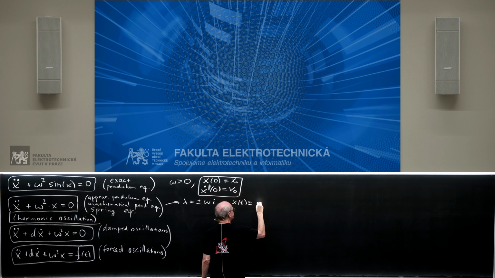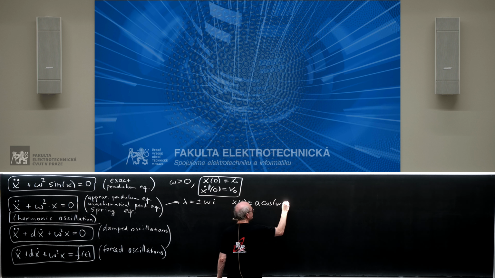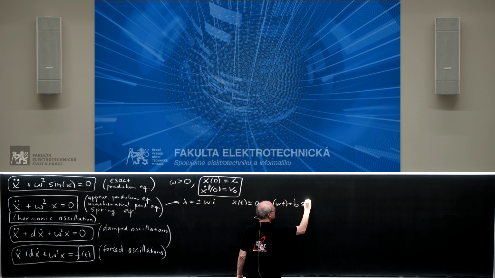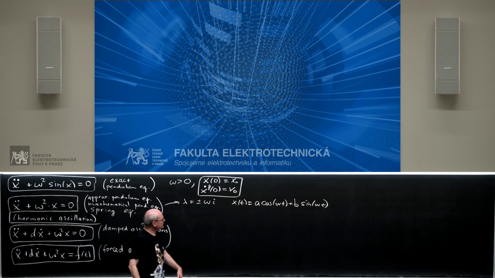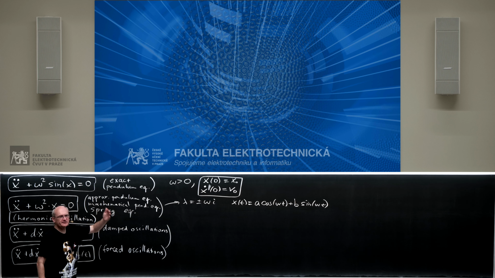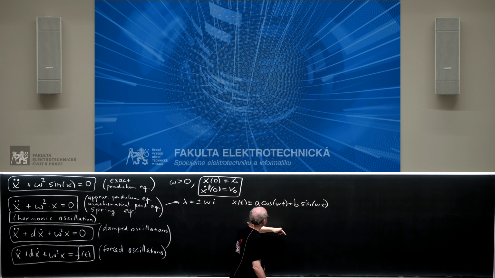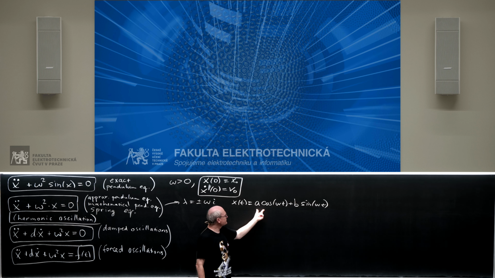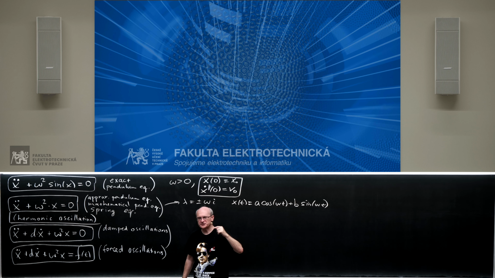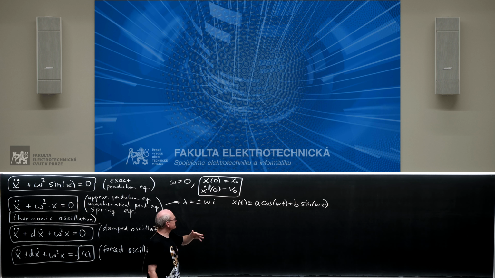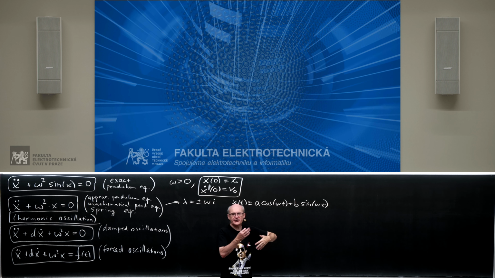x(t) is some combination, let's say A cosine omega t plus B sine omega t. So that's a combination of a cosine wave and a sine wave. Now, there is a trick that one can replace A and B with a specific constant and a combination of sines and cosines, which then can be rearranged.